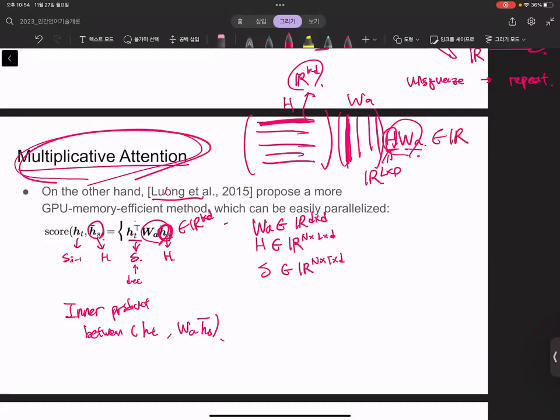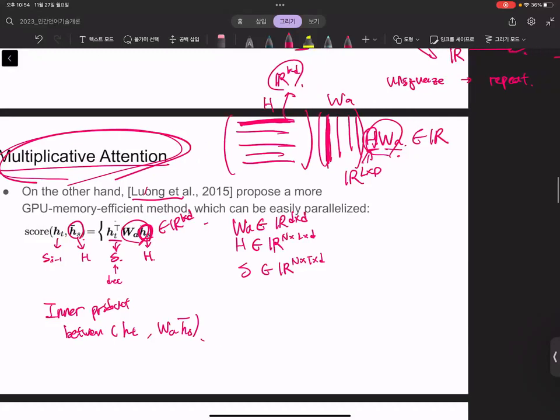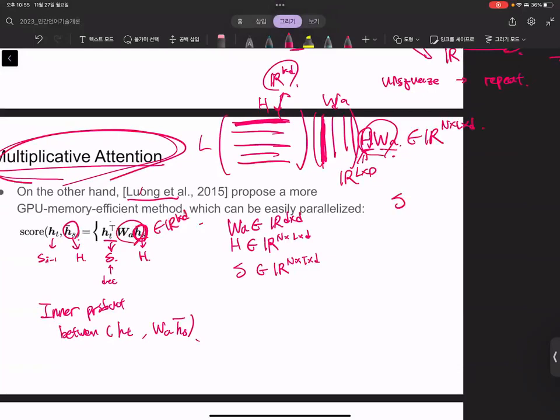And the size is L by D, N by L by D. And we want to take matrix multiplication between this H WA and S.